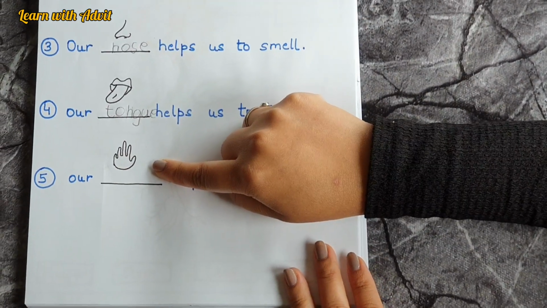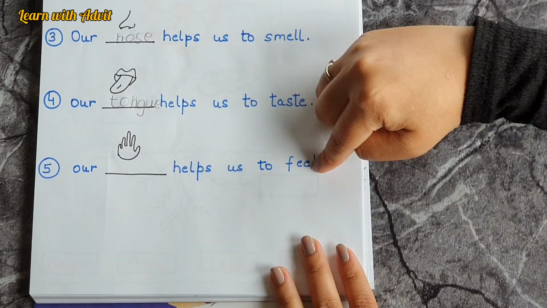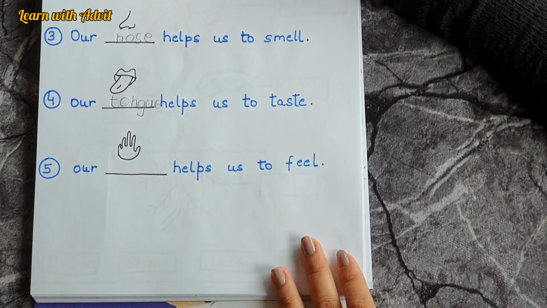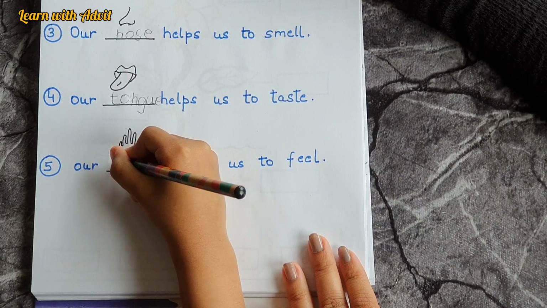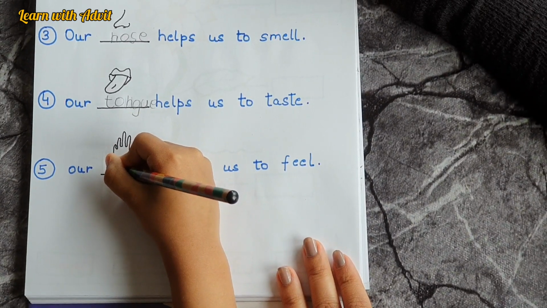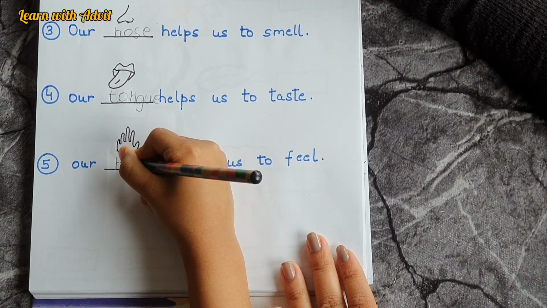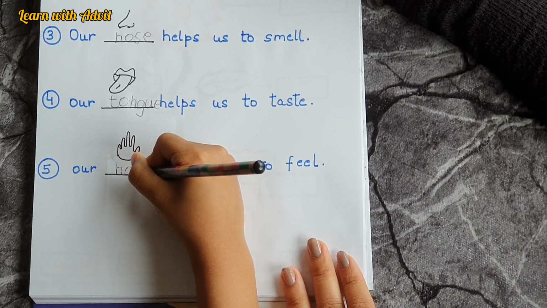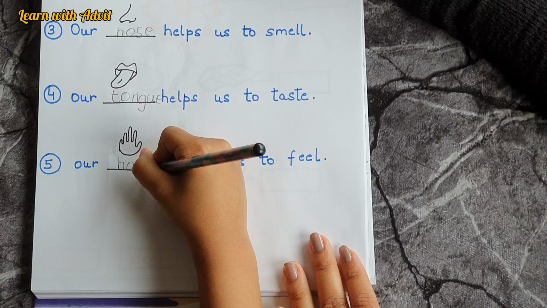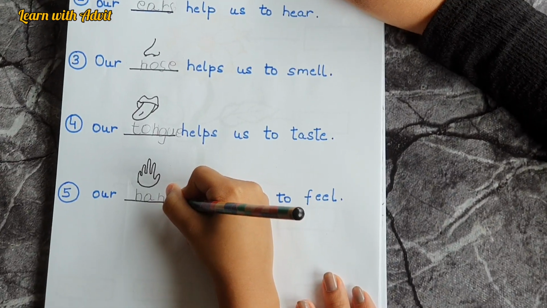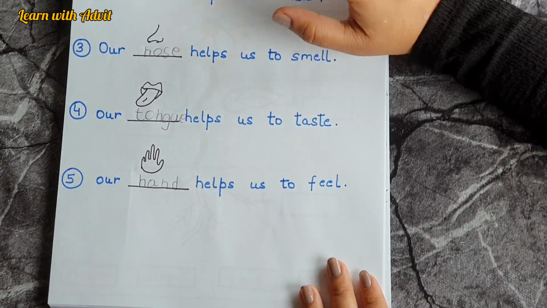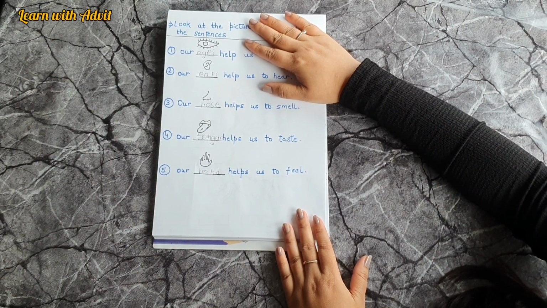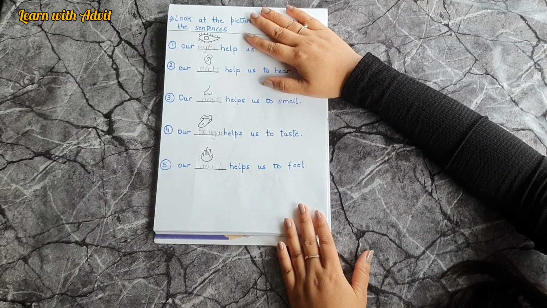Our hand helps us to feel, touch. Okay. Write it down. H. A. N. D. So how many sense organs do we have? 1, 2, 3, 4, 5.